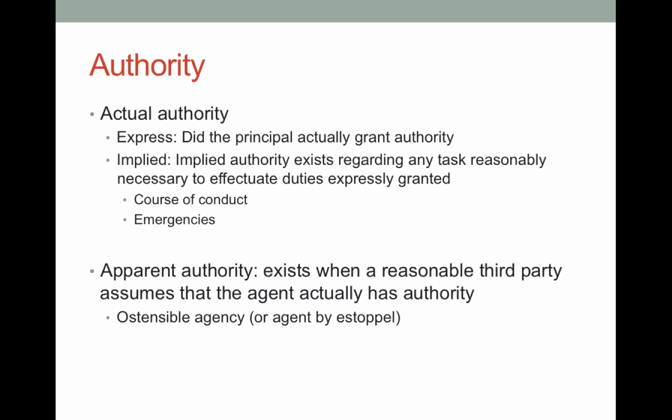Factors that would be relevant would be course of conduct, what is typical in that industry or business practice, what history do they have together, was it an emergency or some other exigent circumstances. All of these factors would be relevant in determining whether an agent would reasonably imply that they had authority to do something.